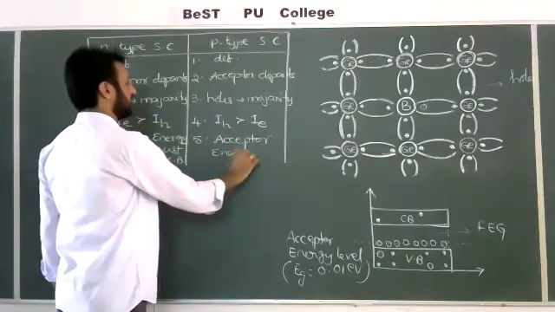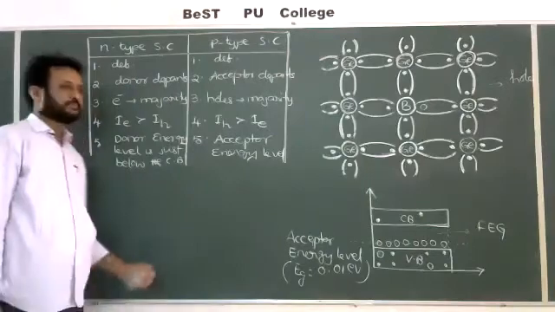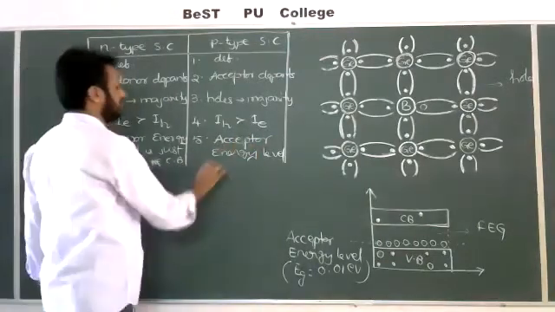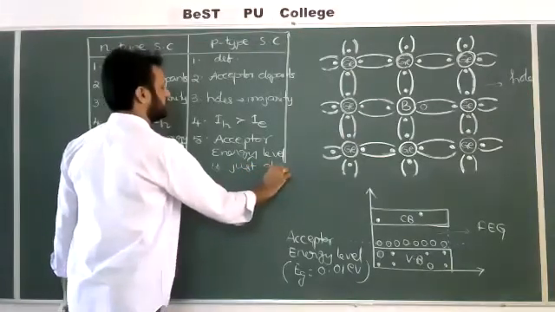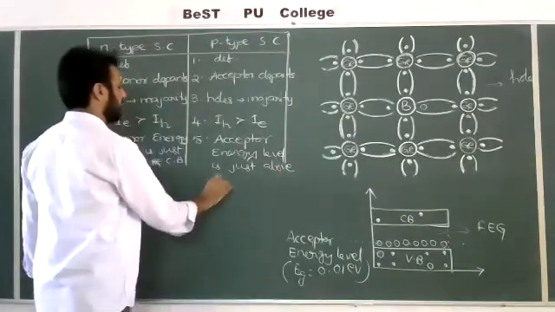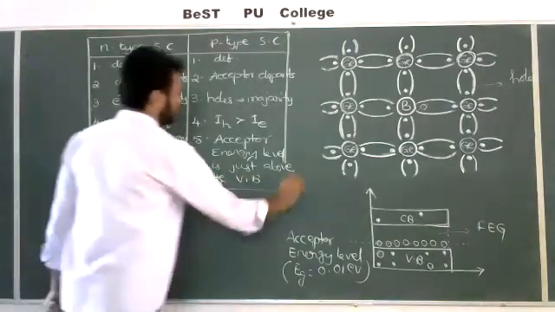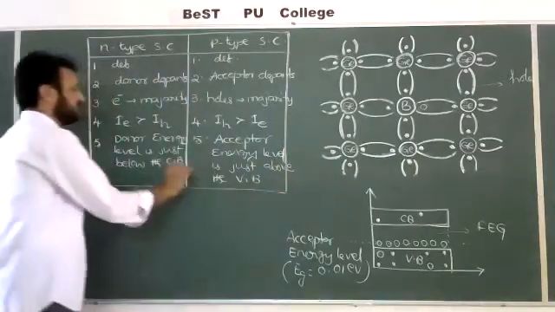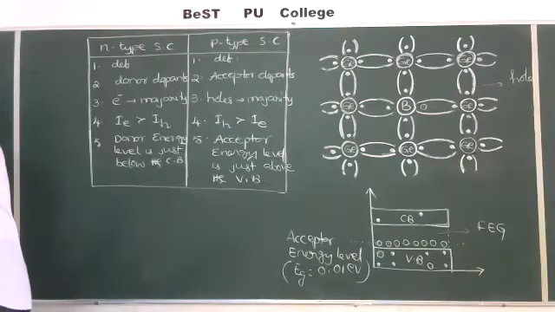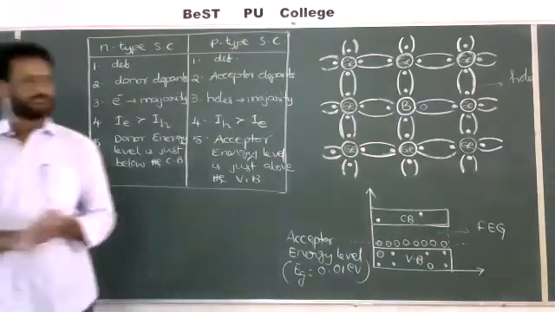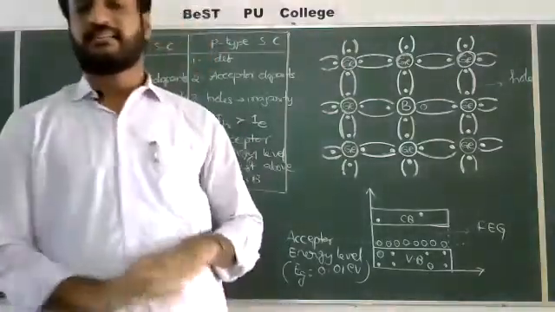But on the right side, what should you write? The acceptor energy level is just above the valence band. So that is about p-type and n-type semiconductors and the complete concept.